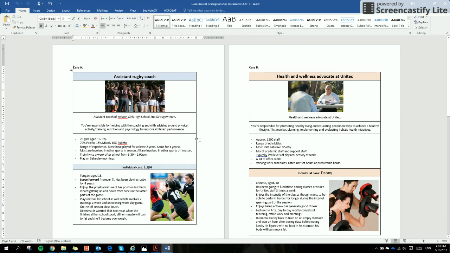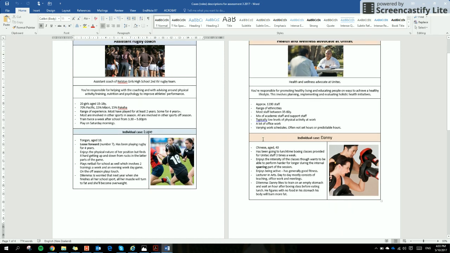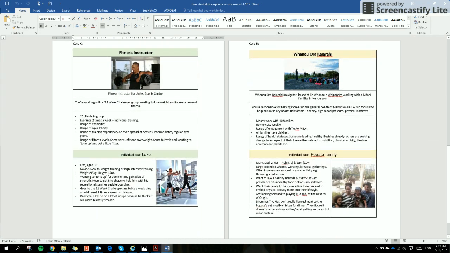You can choose to take the case of the assistant rugby coach, as if you are coaching Kelston Girls High School second 15 rugby team. You can choose to be a health and wellness advocate, so where you're looking at more public general health and wellness. You can look at case C, which is a fitness instructor, and you are running a 12-week challenge, kind of based around losing weight and increasing general fitness. Or you can go with more of a community role, like a whānau ora kairahi.